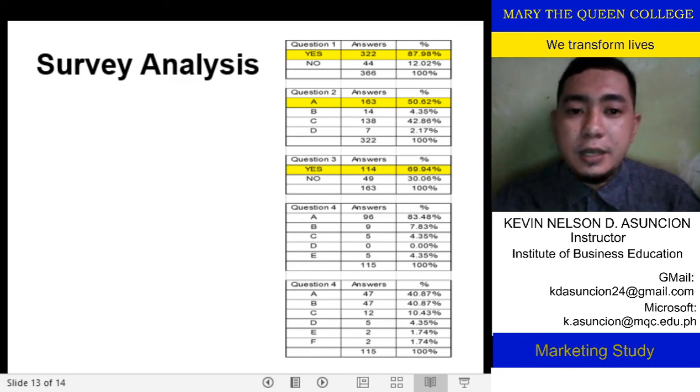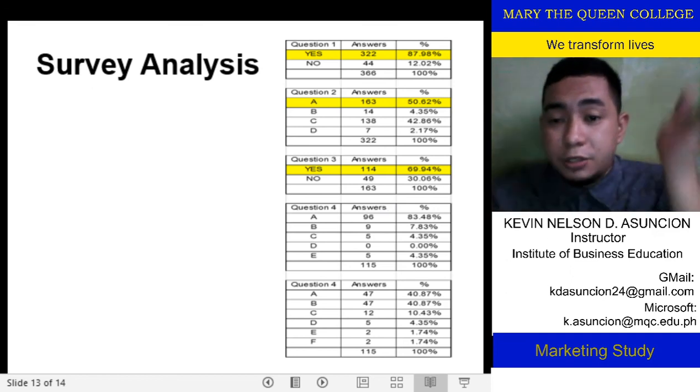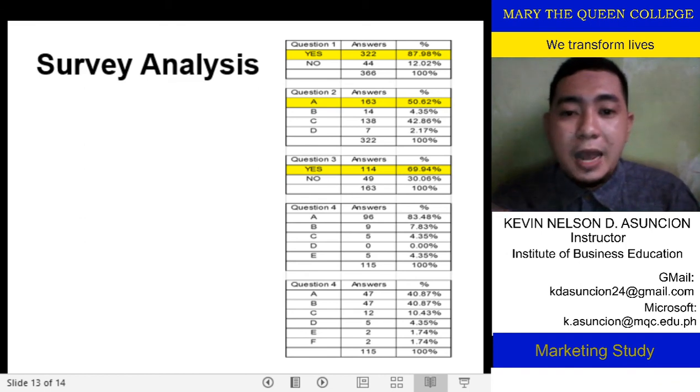Those who answered yes, 322. The total of question number 2 is 322. Those who answered letter A, 163. So, the total of question number 3 is 163. So, it means it is reduced, filtered. So, in the survey tool, it is filtered. Likewise, when we analyze the data, we also filter them.